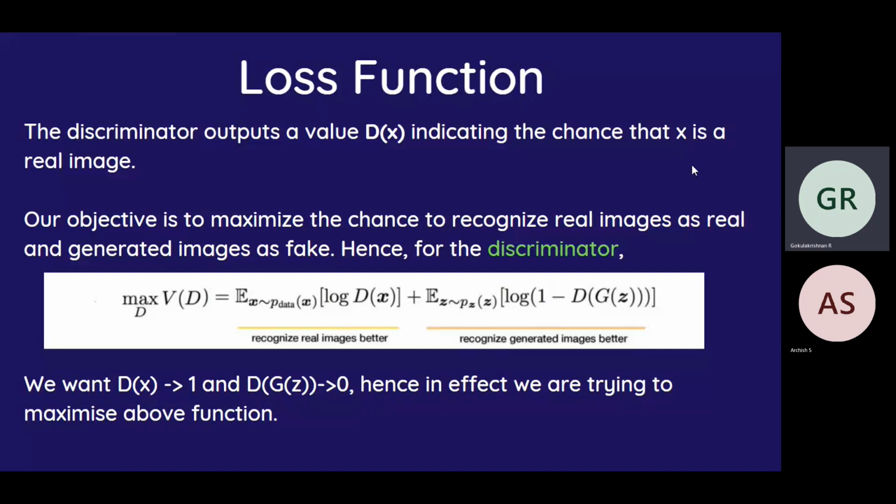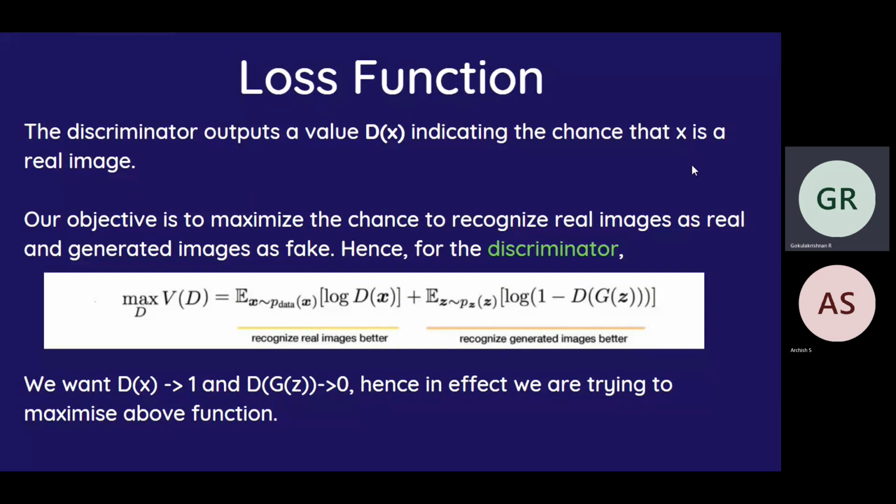This is called binary cross entropy loss, but the name is not important. On the left hand side, V of D is just the function's name. On the right hand side, the first expression is log D of x. This is the loss function for the discriminator.